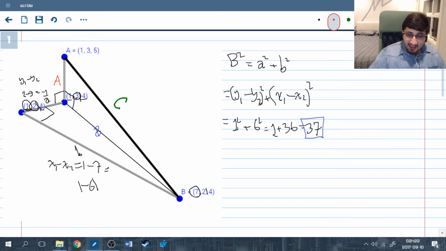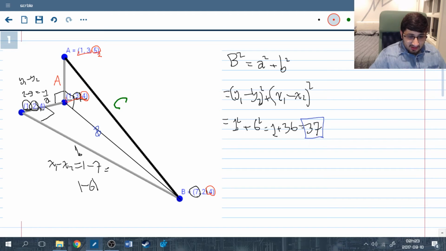Now we'll focus on a right now. And a is a lot simpler to calculate. We already know that the x and y coordinates are the exact same here, so the only thing that changes is the z coordinate. This is z1, and this came straight from all the way over here, so that's going to be z2.